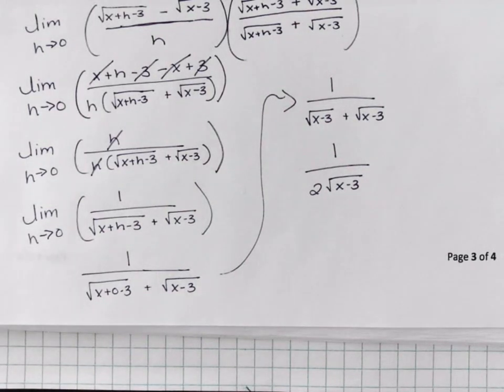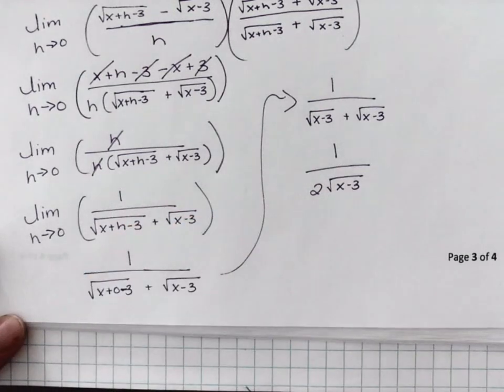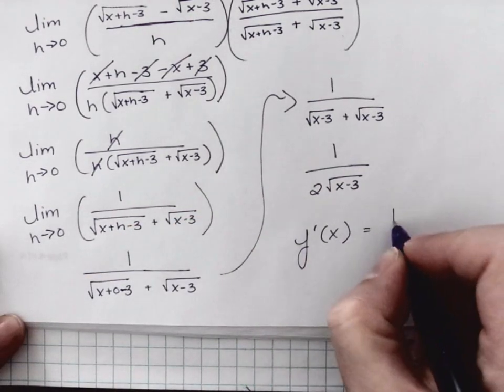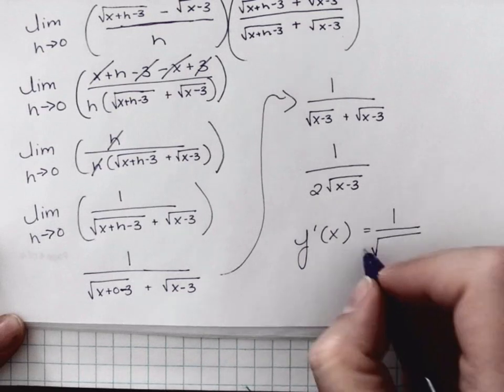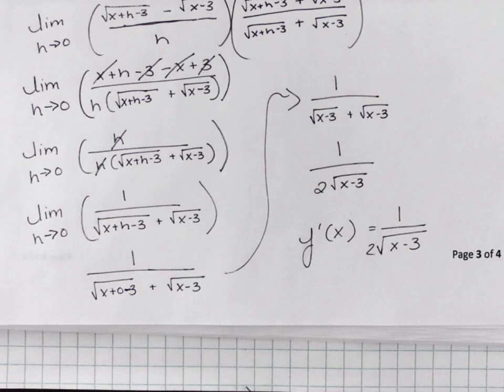That's a subtract sign. It kind of looks like a multiply. So we know that the first level derivative formula is that.